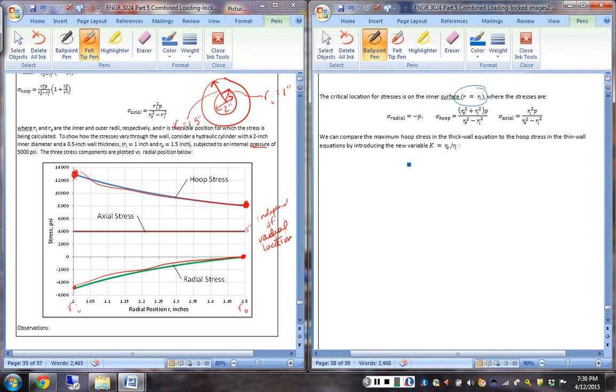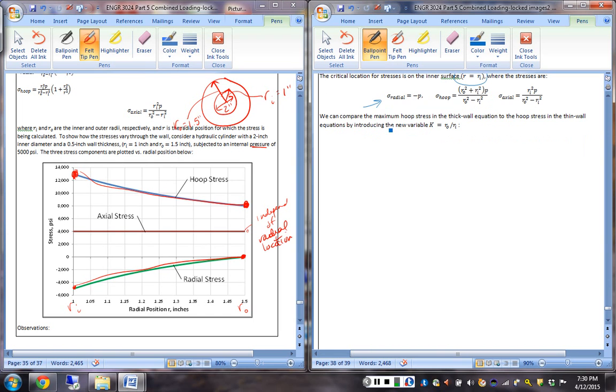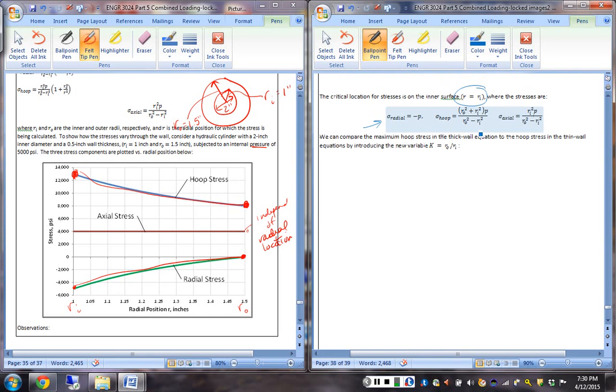And those critical stress values for our stresses in the three different directions, when r equals r sub i, in our radial direction, simplify out to a value of minus P. In our hoop direction, we have the sum of the squares of the radii times the pressure over the difference of the squares, and in the axial direction, we simply have the inner radius squared times the pressure over the difference.